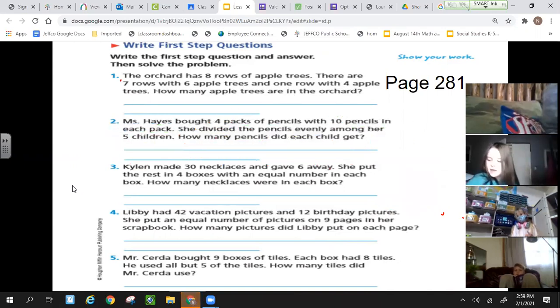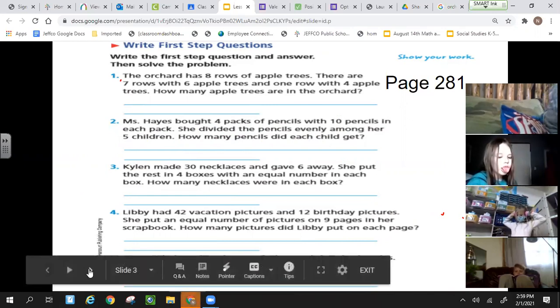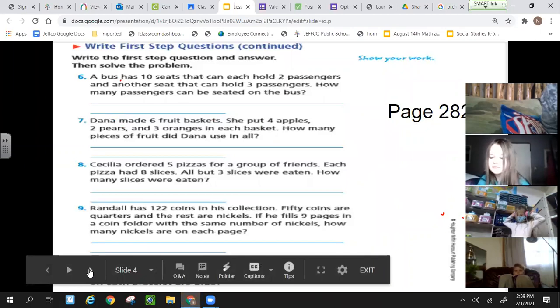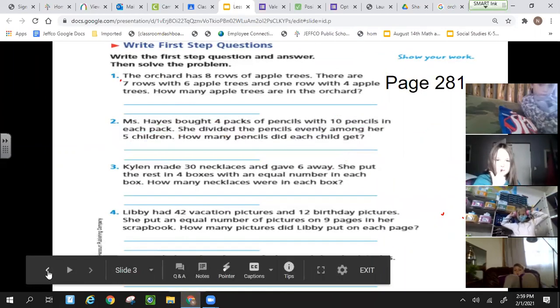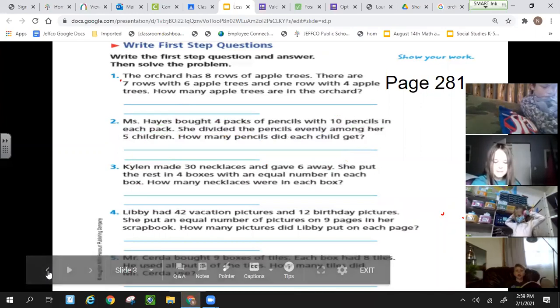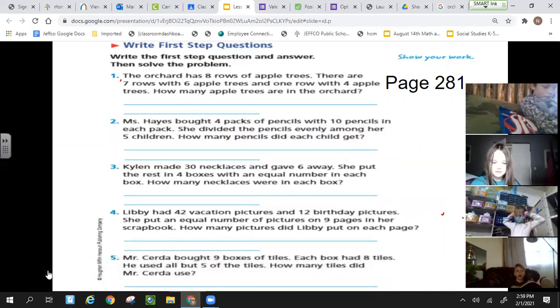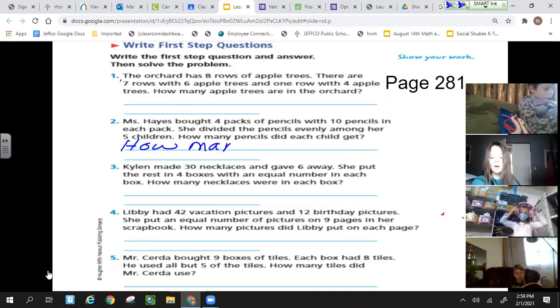All right. You have 2 pages, but I don't expect you to get through 2 pages. That's not reasonable. But these are the same idea. You are going to work with a partner. Think of that first step question. What are you trying to figure out first? How many? Go ahead and fill in how many on all of them, because then you're going to fill out the rest.